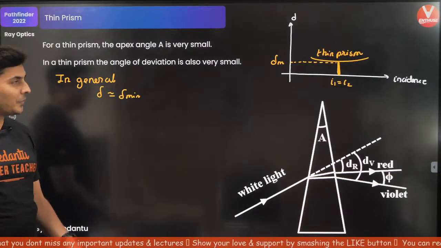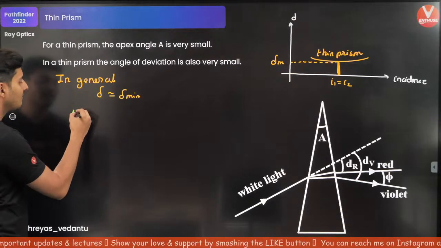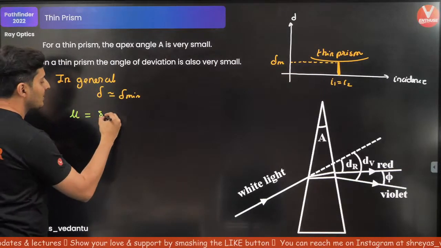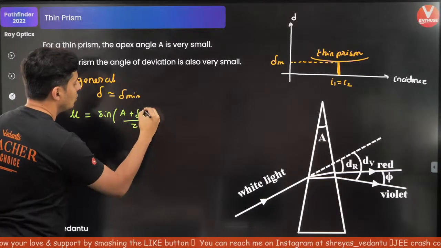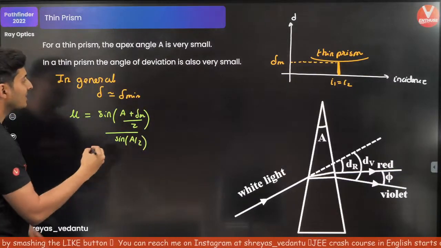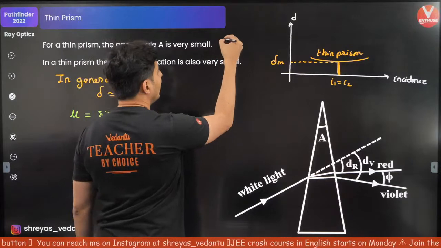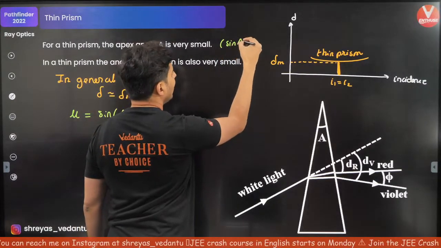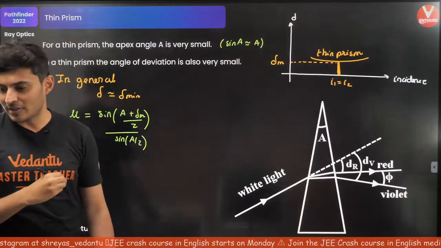Do you also remember I just gave you one formula which said mu is equal to sine of (A plus delta minimum) by 2 upon sine of A by 2? Now, since the prism angle is small, can I not say sine of A is roughly equal to A? That is the small angle approximation.